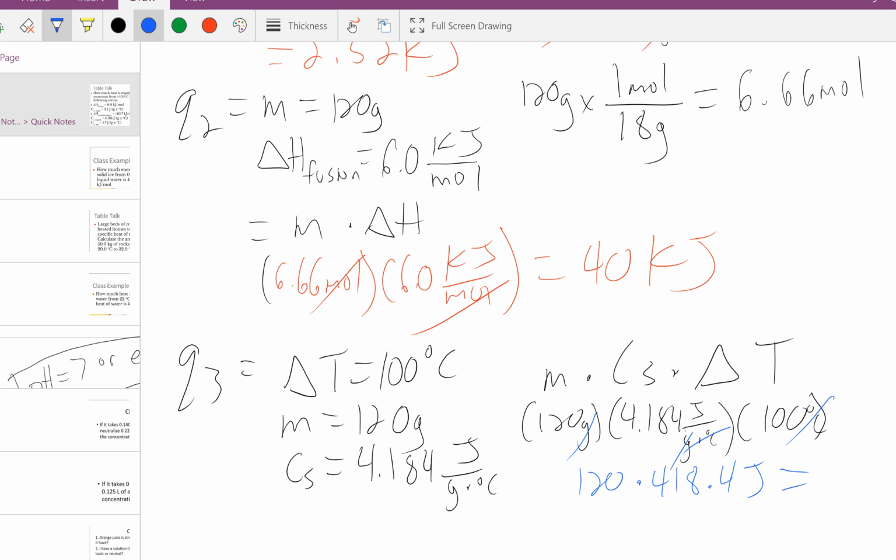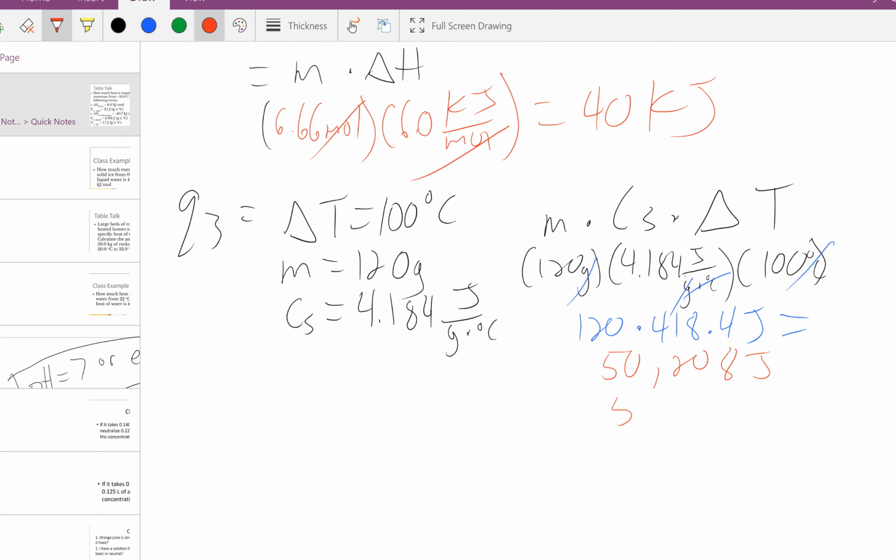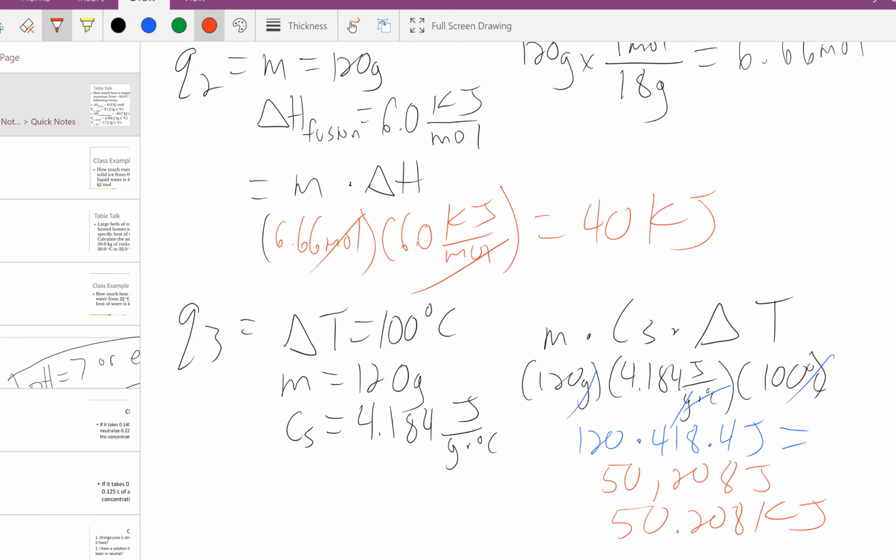And my value is going to be 50,208 joules, or 50.208 kilojoules of energy.